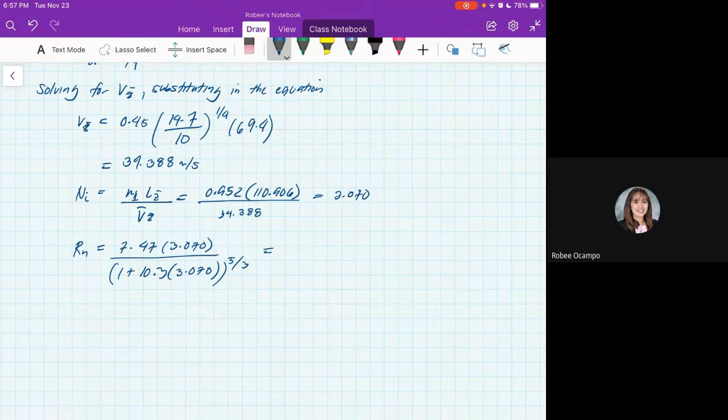One more. 0.338 ma'am. Sure ka na? Paki-verify yung calculation mo.